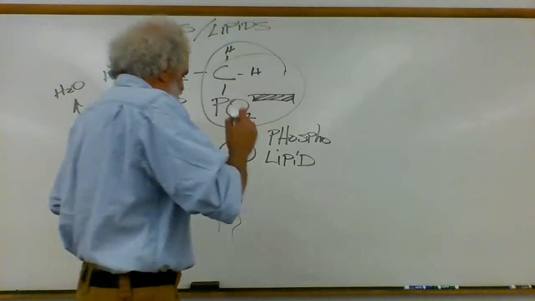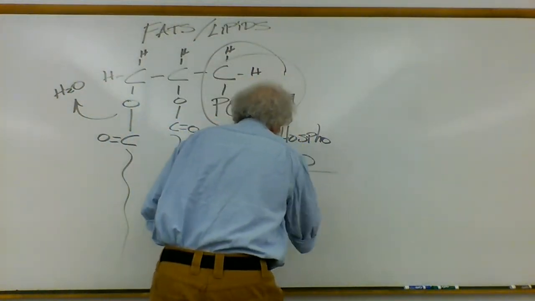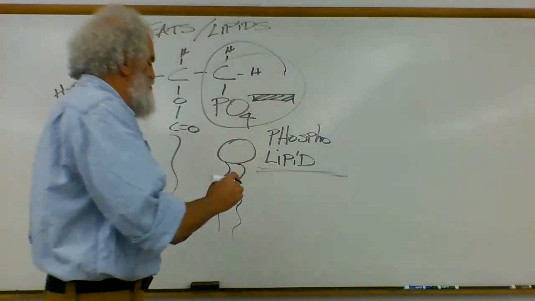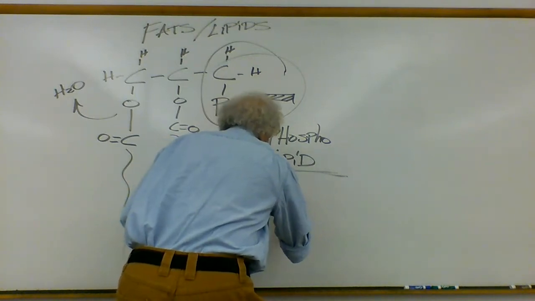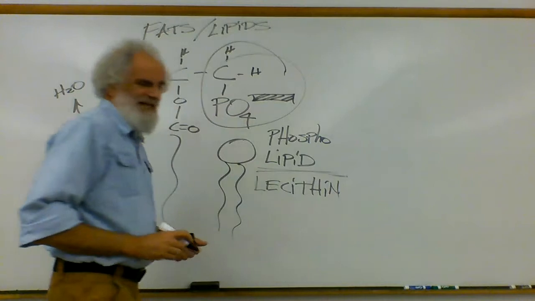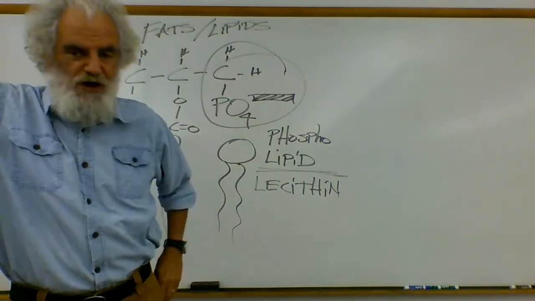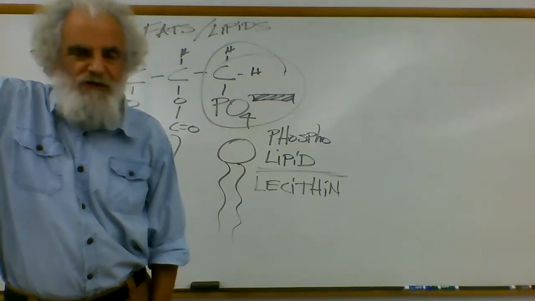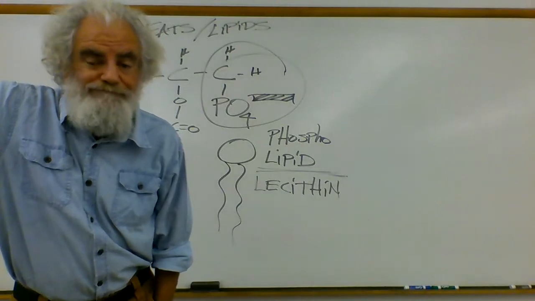In the biochem biz, it's called phospholipid, but in the food biz, it's called lecithin. Lecithin is phosphatidylcholine, is what we would call it in the biochem biz. It is a phosphate group with a choline decorative cap, and it is egg yolk.